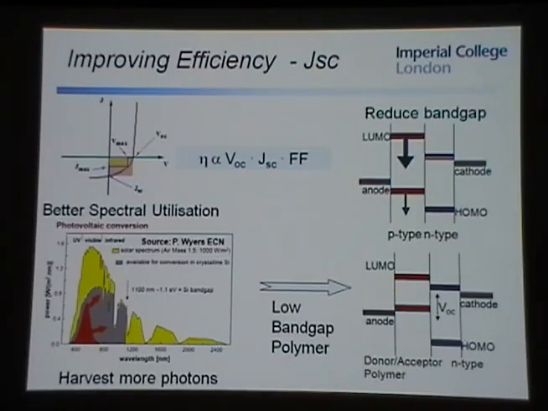So we both increase the voltage but reduce the band gap of the donor material and therefore harvest more photons. So we'd like to go from something like this, which is P3HT, to something like crystalline silicon, where we can absorb more of the solar spectrum. So in other words, we have to be careful how we play around with these. It's a balancing act between the band gap and how much current we can get out and the voltage. So there's always a tuning to do there.